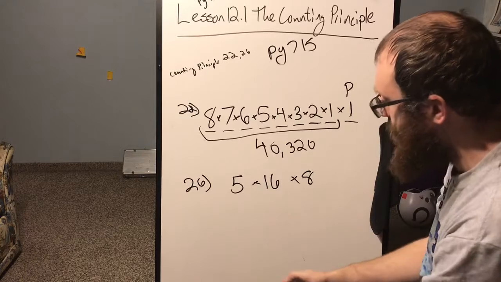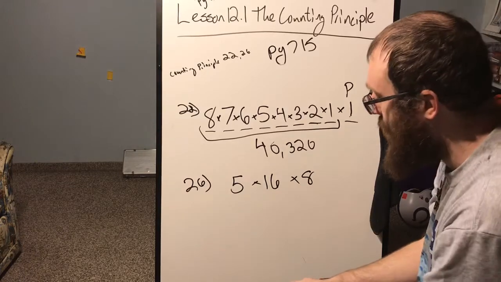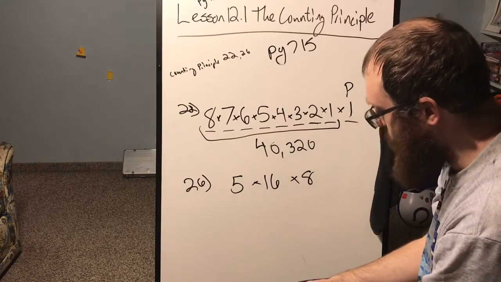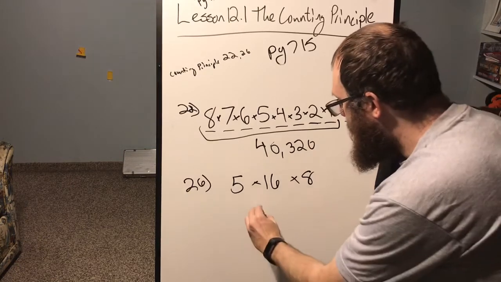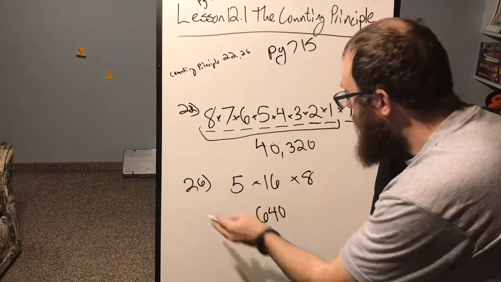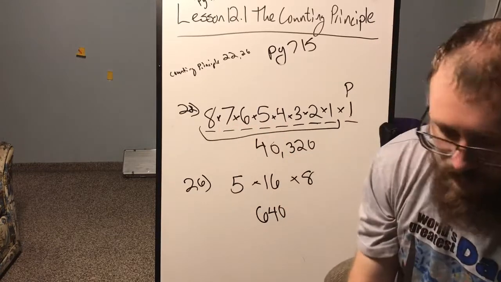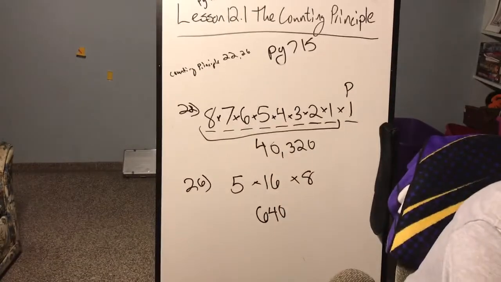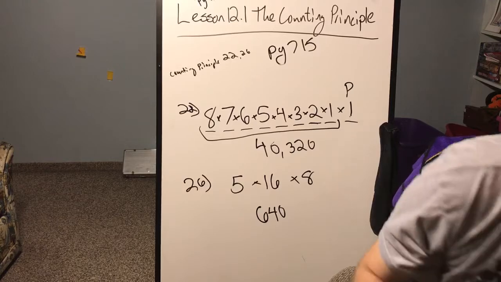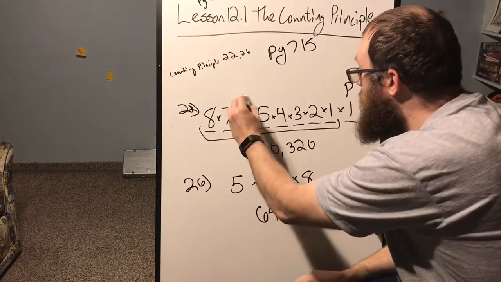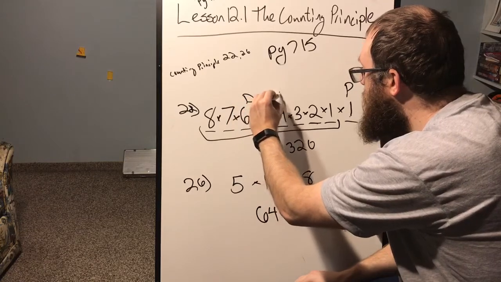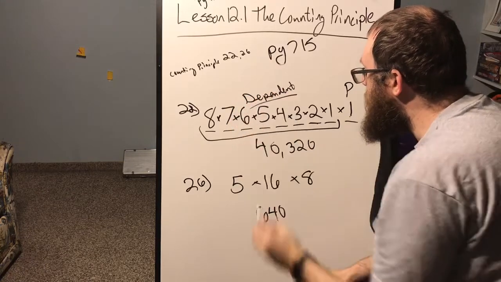Now this situation is more like my ice cream situation or my outfit situation from earlier, where I don't have a reoccurring pattern because I'm not pulling from the same pool. The difference between the two is this situation was a dependent situation.